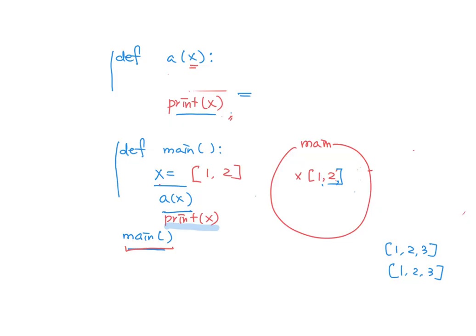When I call a of x, then the namespace for the function a is created, and x is at this point representing this list defined in the main function. Now, for simplicity, I consider this.